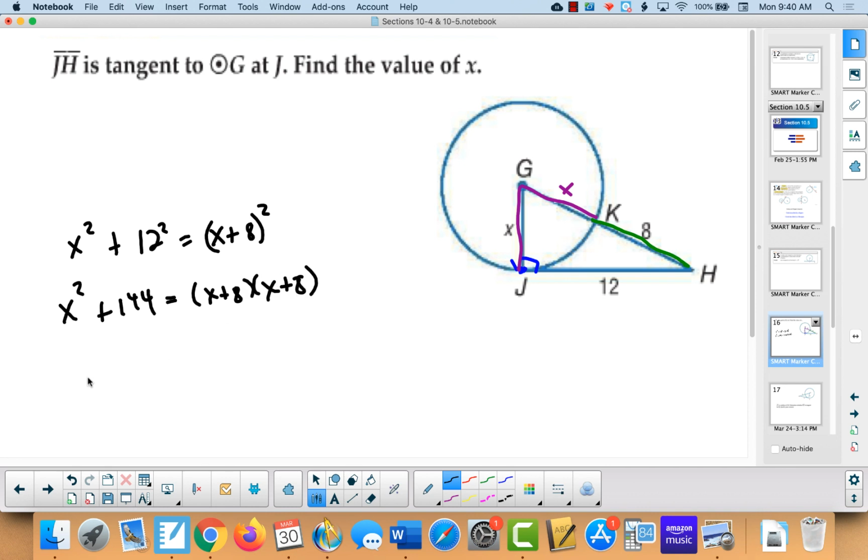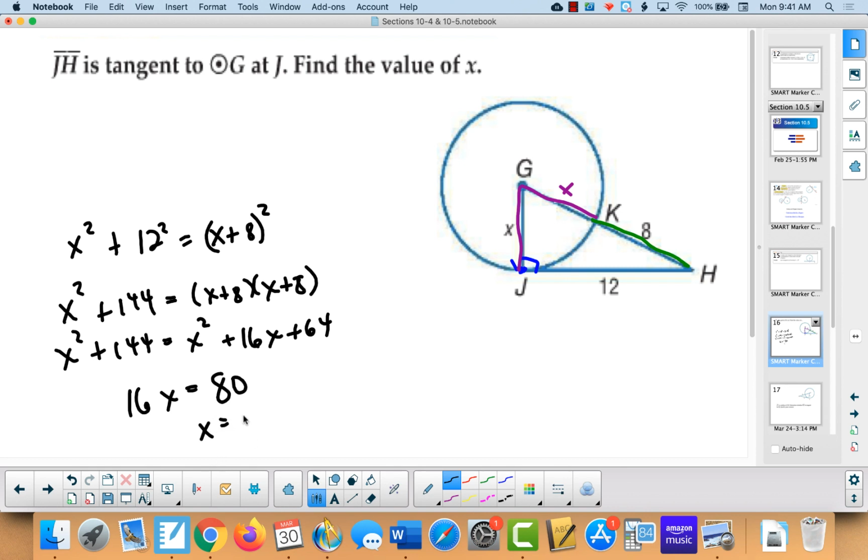So there's a middle term because we have 8x plus 8x. So when I move this x squared to the other side, the x squareds cancel. So I get 144 minus 64, which is 80. And so x is going to equal 5.